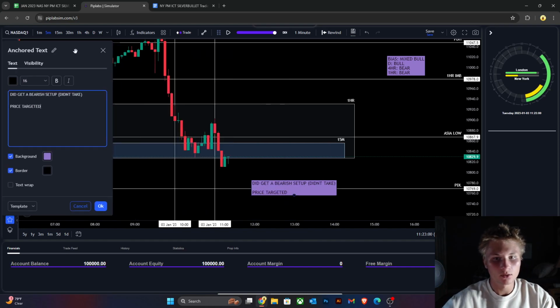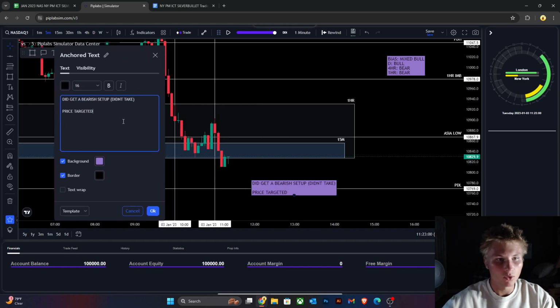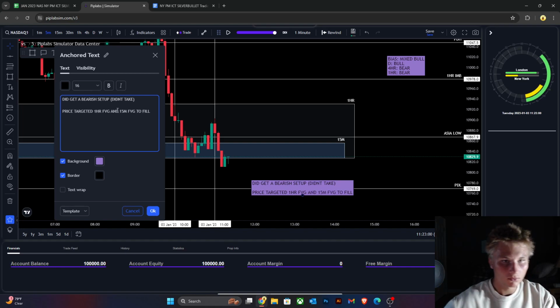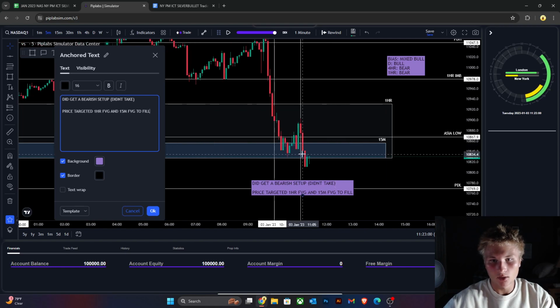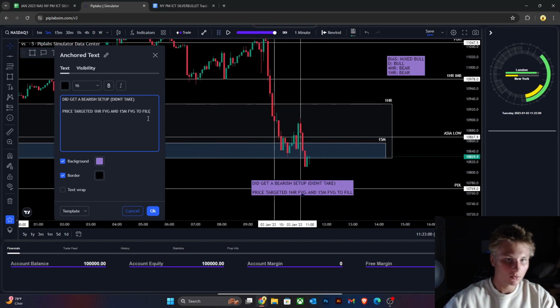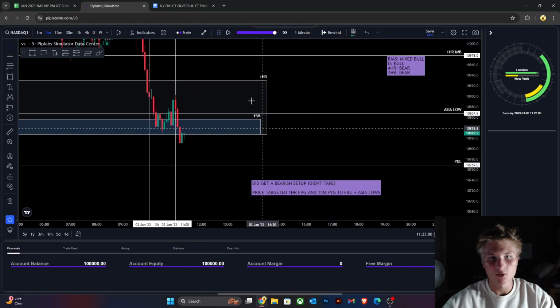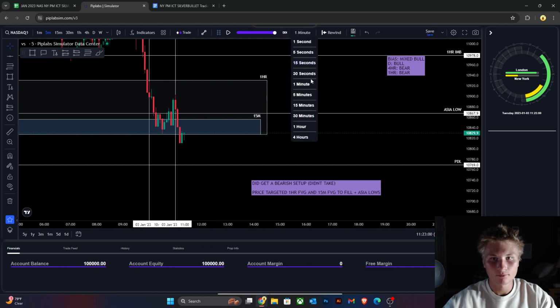Price targeted the 1 hour fair value gap. And it also targeted Asia lows. And I bet price is running towards previous day's lows right here.